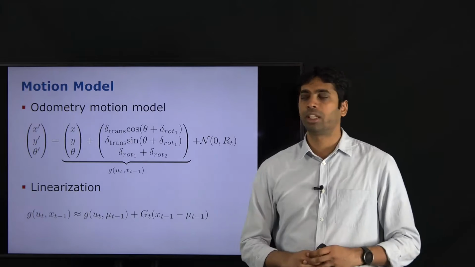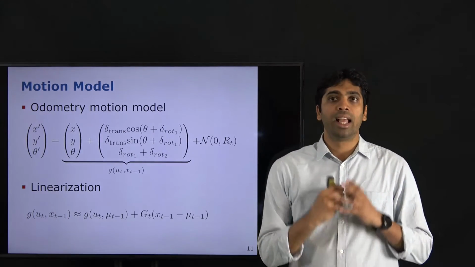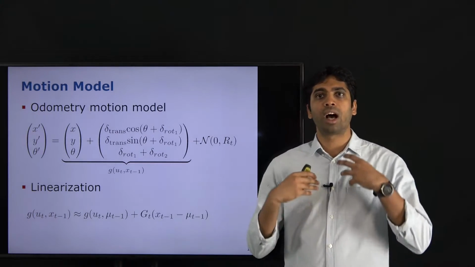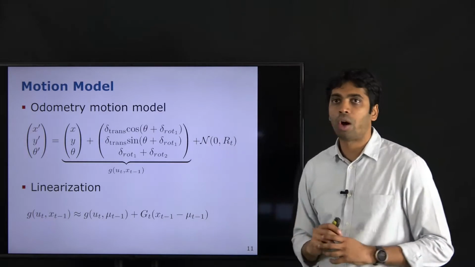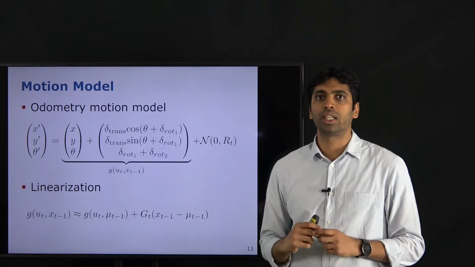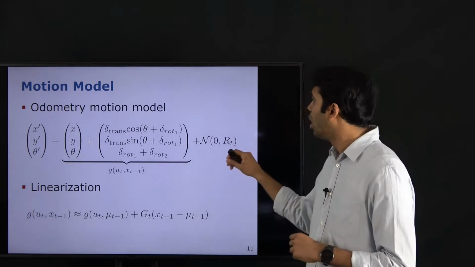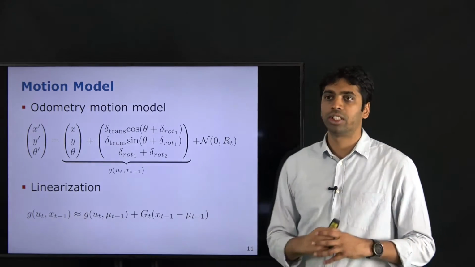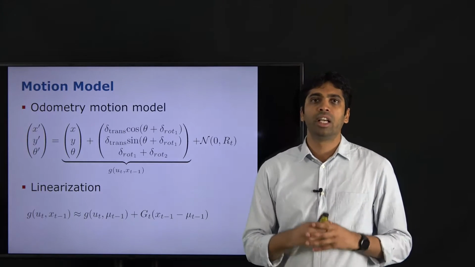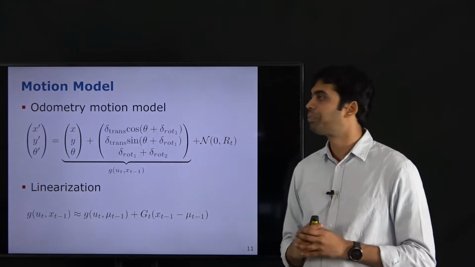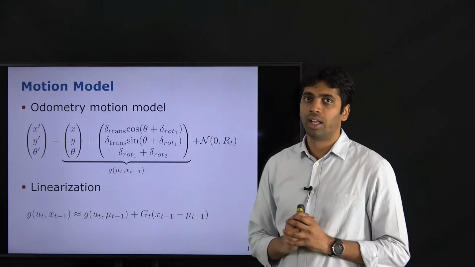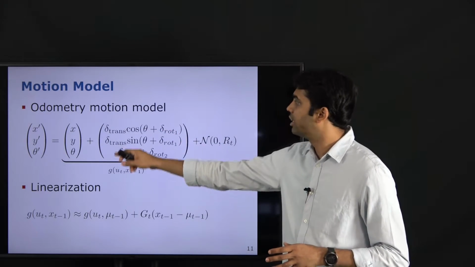So these are equations that we have derived also previously, and here we also assume that our motion model is affected by zero-centered Gaussian noise, and the covariance matrix for this noise is given by RT, which is often in the literature also called process noise. So this is our motion model, and as we see here, this is a nonlinear model.